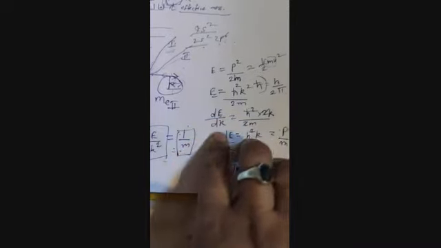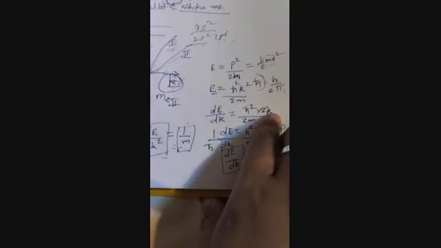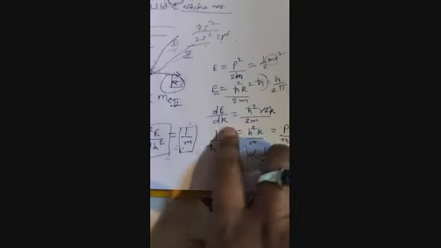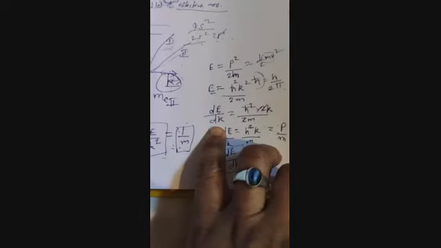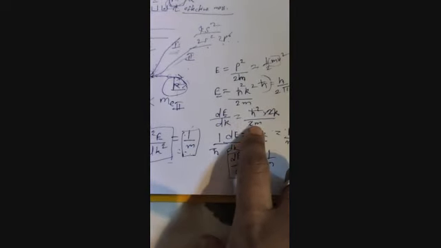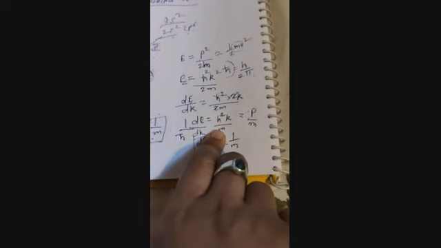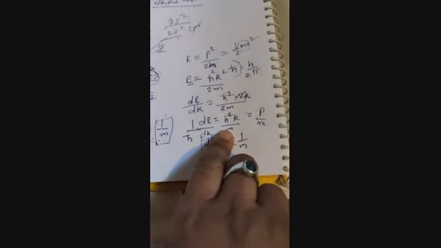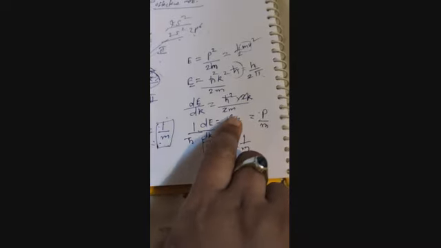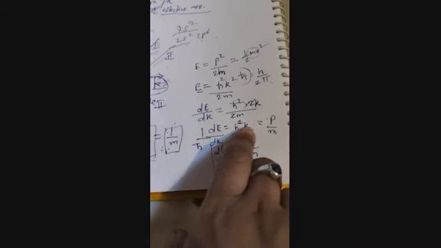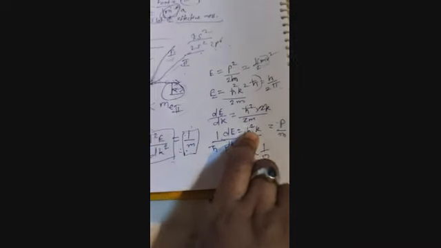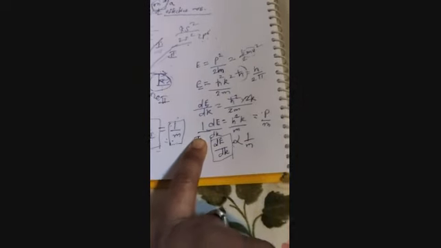Now I have to differentiate it again. dE by dk will be equal to h bar square into k, with respect to k I am differentiating, so it is 2k upon 2m. Now 2 will cancel out, and h bar square k by m will be the answer. Now what I have done is converted h bar into k as p, and one h bar is remaining, which I have shifted here. So now this quantity will be equal to this one.